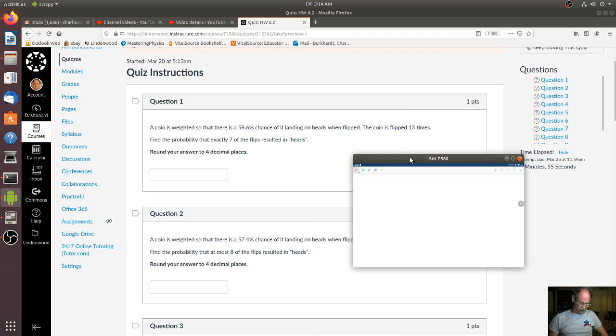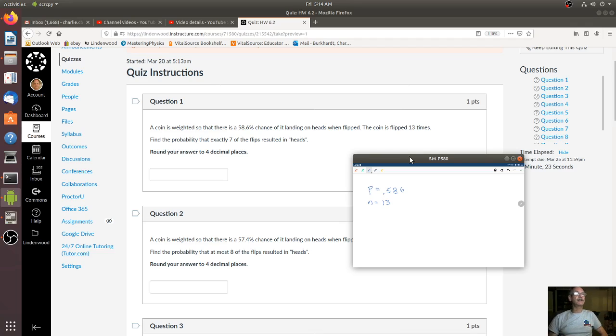The first thing we need to use a PDF or a CDF is a probability of success. So 0.586 is going to be the probability of success. That's the first thing we want to write down. The coin is flipped 13 times. We also need to know the number of times the experiment was performed, and that's called little n. So that's going to be 13.